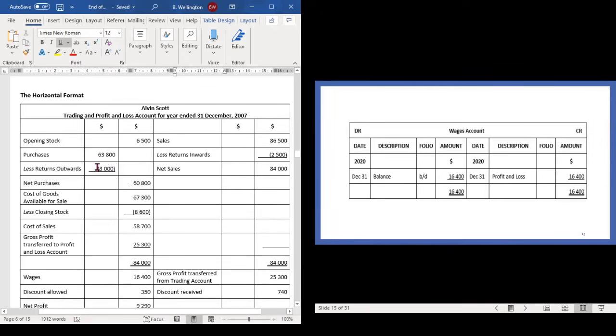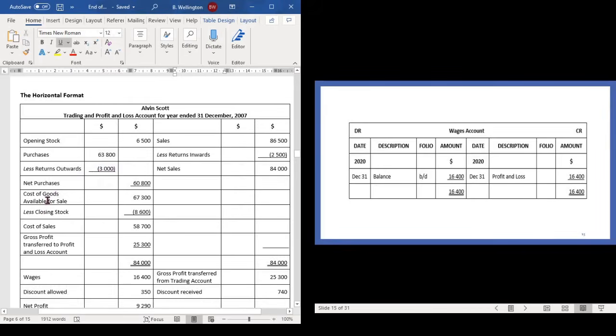We cannot include that in the cost of goods available for sale because we had returned it. We can't include it in the cost of the goods that we had sold because we had returned it, we never sold it. So we have to take it out.